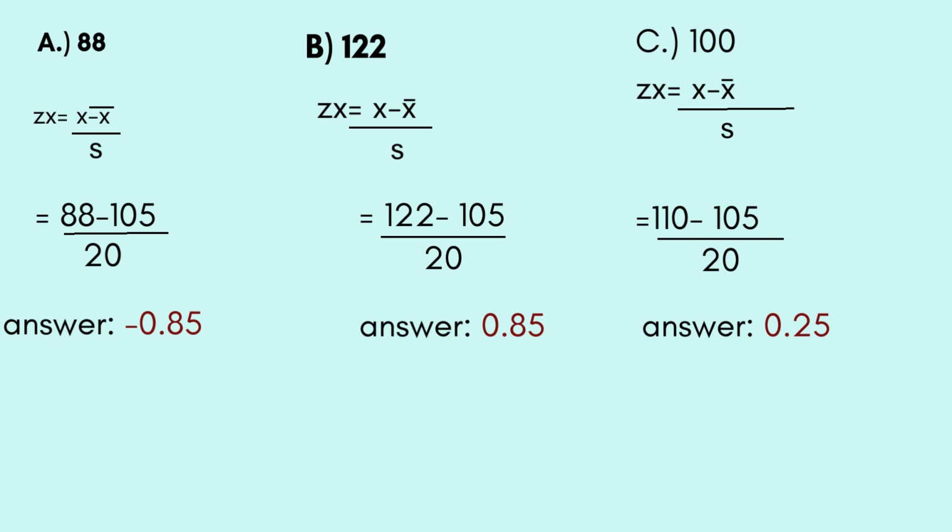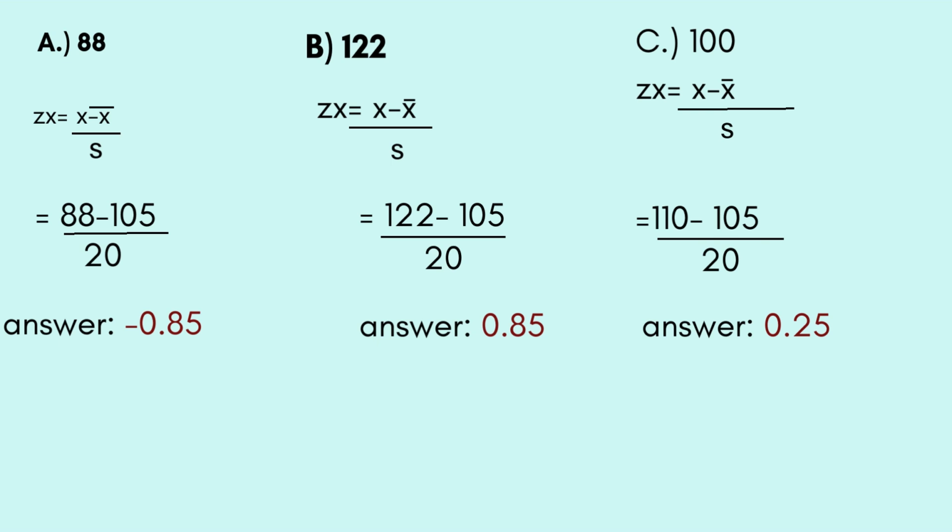Using this formula, the value minus the mean over the standard deviation, that is 88 minus 105, divided by 20. So the answer is negative 0.85, which means the value of our z-score is negative, so 88 is below the mean.